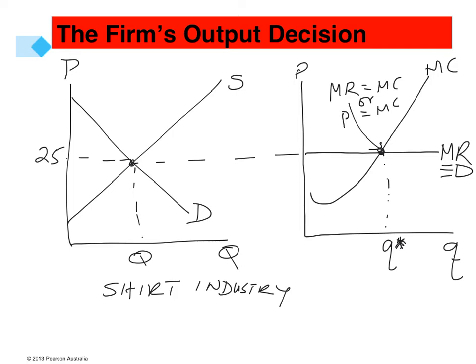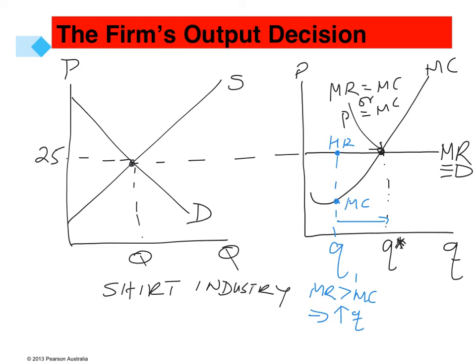Now let's see how Sam makes the decision. If Sam produces below Q star, let's say produces here, call this place Q1, the marginal cost is here and the marginal revenue is there. So here the marginal revenue is greater than the marginal cost, and what Sam does is to increase output.